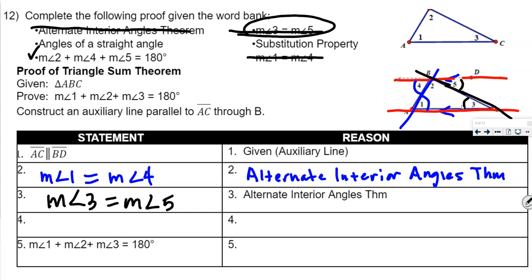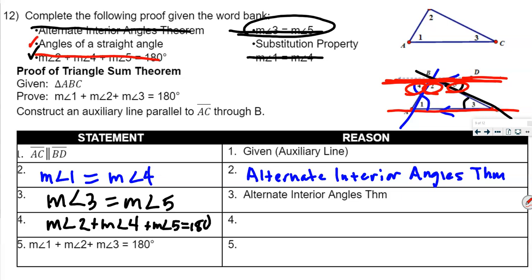I skipped down to the prove. Measure of angle 2 plus the measure of angle 4 plus the measure of angle 5 equals 180. So everybody look up here. It's talking about 4, 2, and 5. Don't they form a line right there? So what would be the reason for that statement?